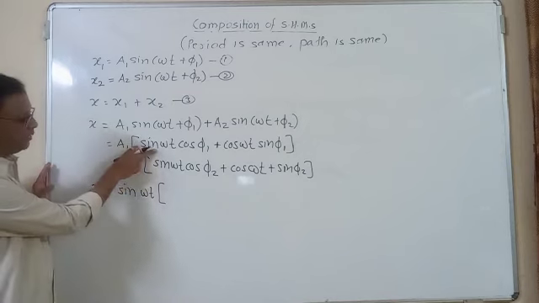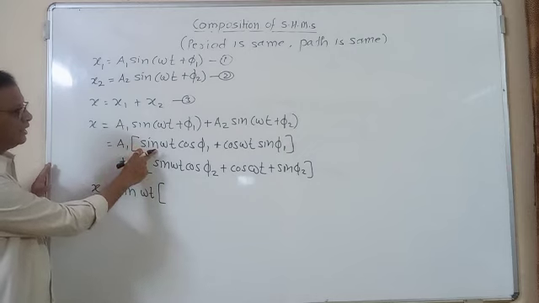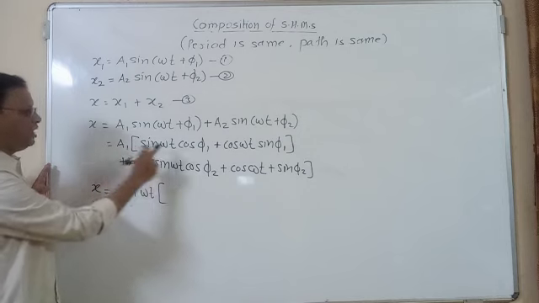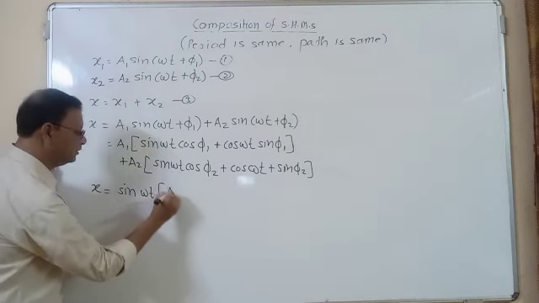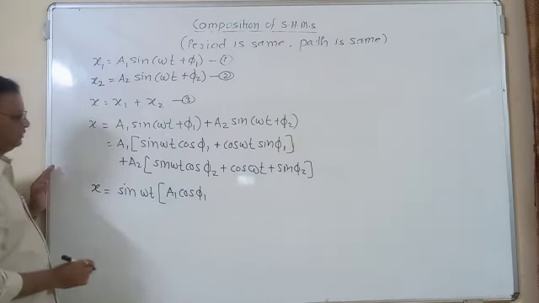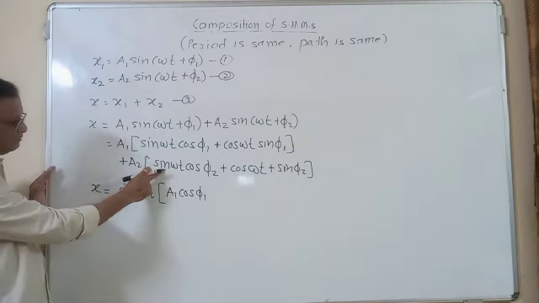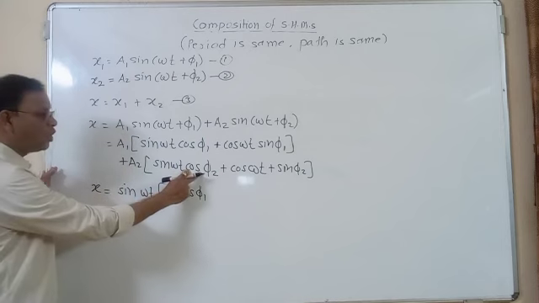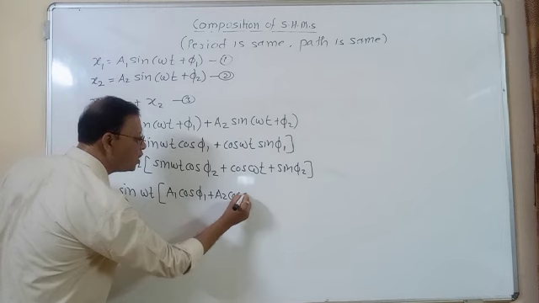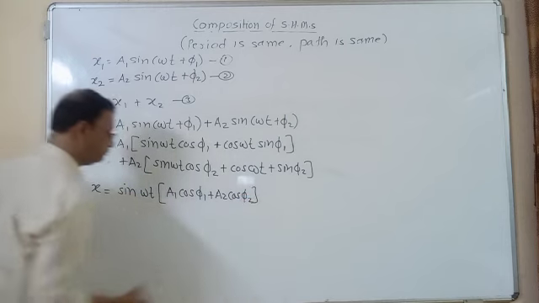Here is one, and again here. So it is a1 cos phi1 plus a2 cos phi2.